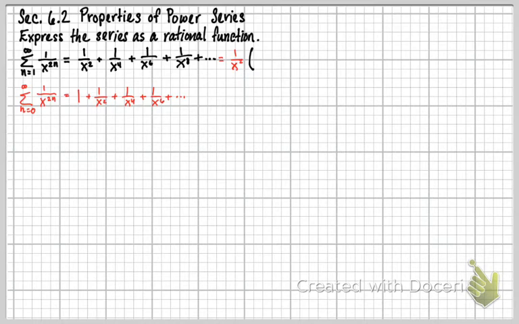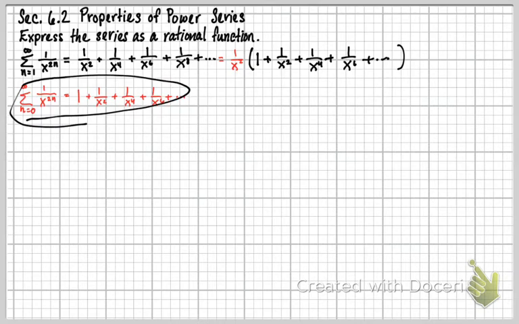I would have a 1 plus 1 over x squared plus 1 over x to the 4th plus 1 over x to the 6th plus dot dot dot. So if I pulled out a 1 over x squared, I would get this series down below here. So now thinking of it this way, I'm going to take this one away below, and I want to show you exactly what that means.